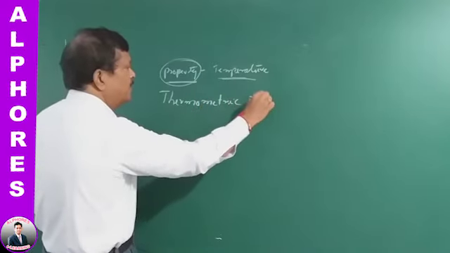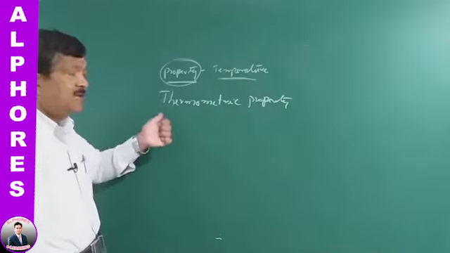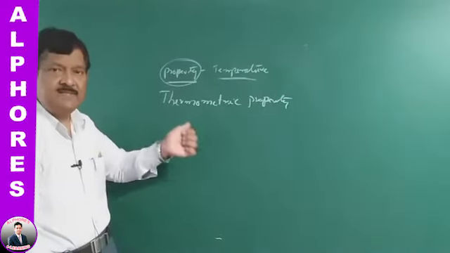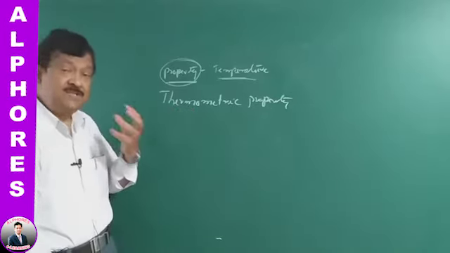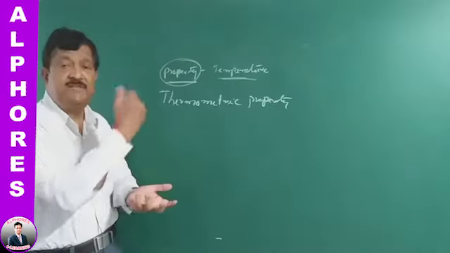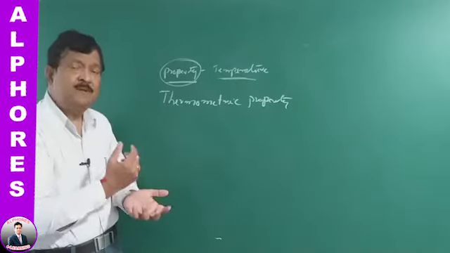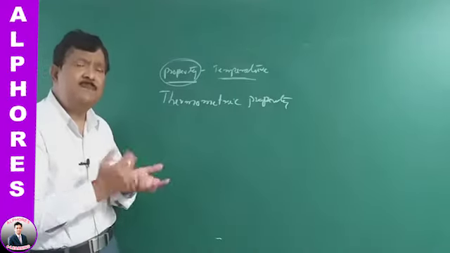Thermometric property. What do you mean by this? It is a physical property of a body which changes considerably, measurably, with temperature. That means the changes should be measurable. If the changes are very small, you cannot measure.